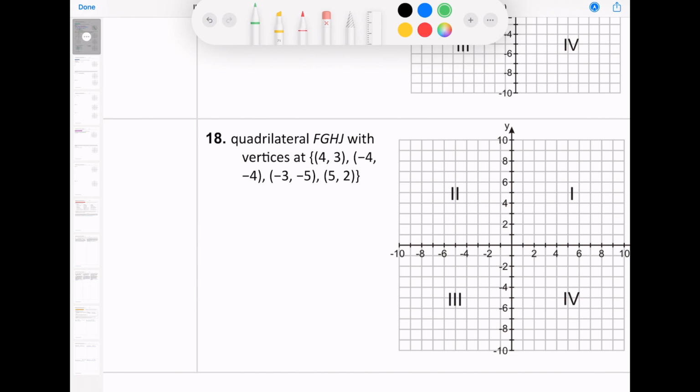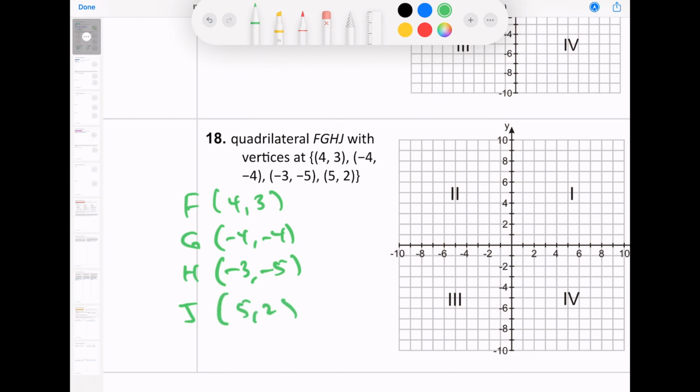All right, number 18, I'm going to list out all the order pairs. I like to rewrite them vertically. You don't have to. I'm going to switch these and find the inverse. That's a negative.